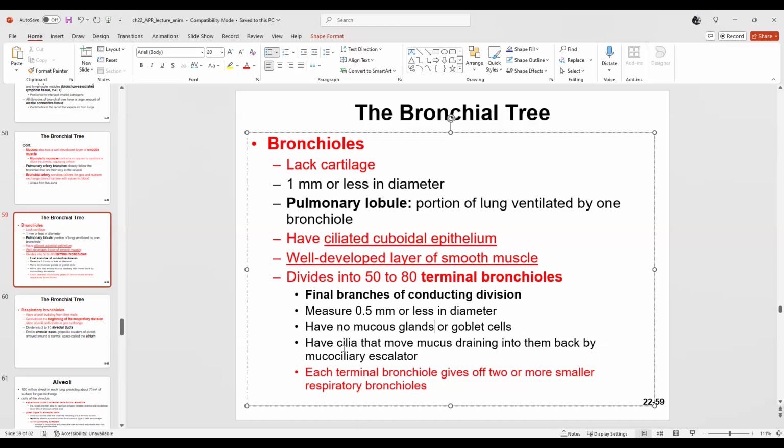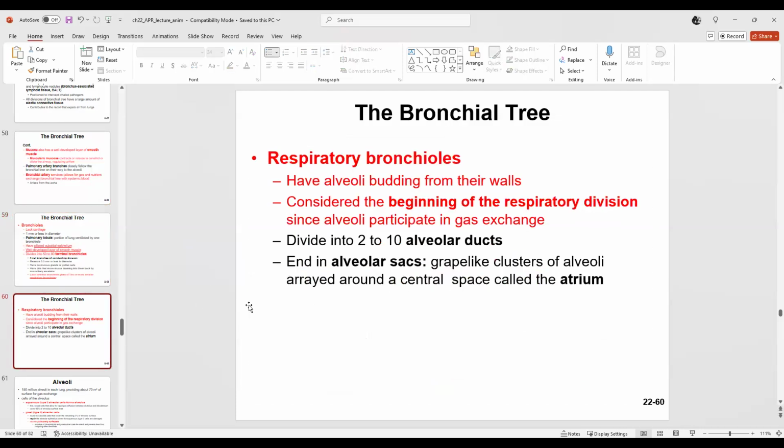The weird thing is terminal bronchioles will connect to smaller respiratory bronchioles. And it's these respiratory bronchioles that are the most important part right here, because they are going to funnel air, slow it down, and then move it to the cells where gas exchange occurs. Now we're starting what we call the respiratory division.